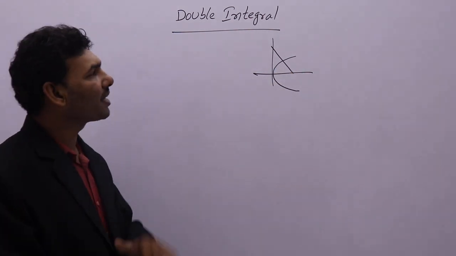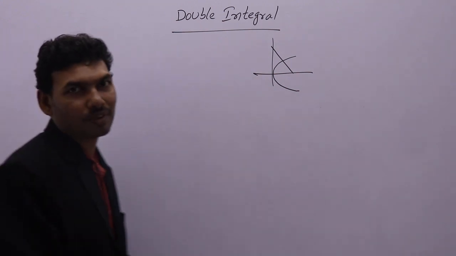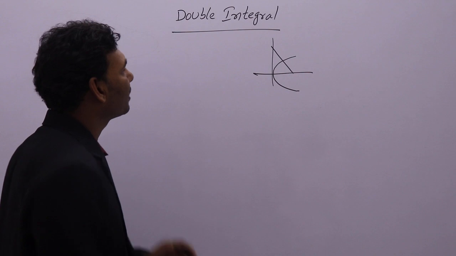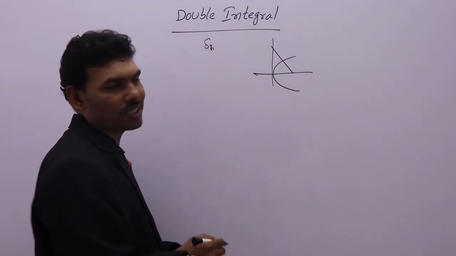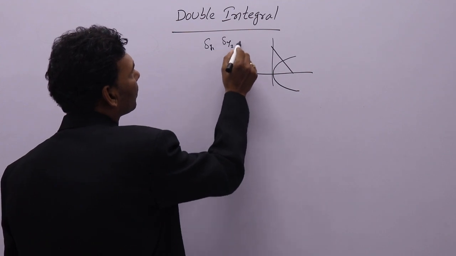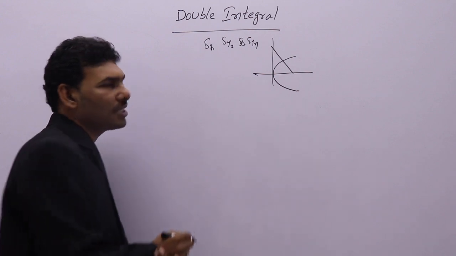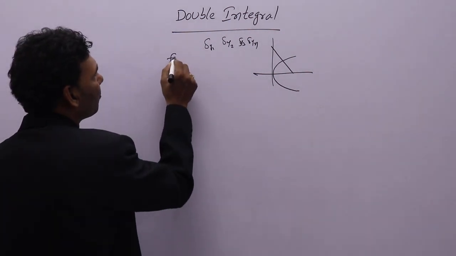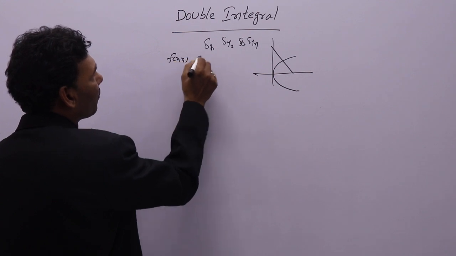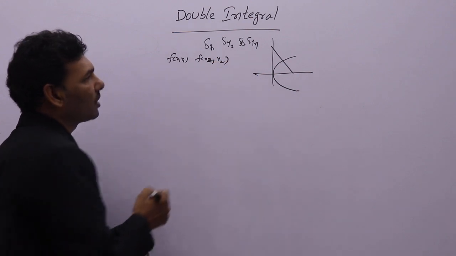If you divide that region into n subdivisions, in every subdivision the area is like this, delta y1 in the first region, delta y2, delta y3. In every subdivision the function value is, in the first subdivision f of x1, y1, in the second subdivision f of x2 comma y2, like this.